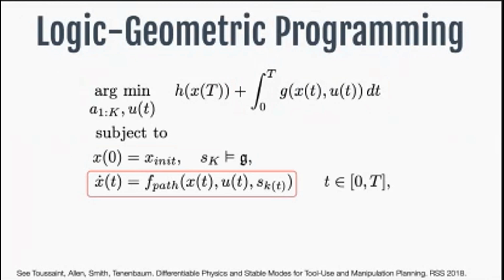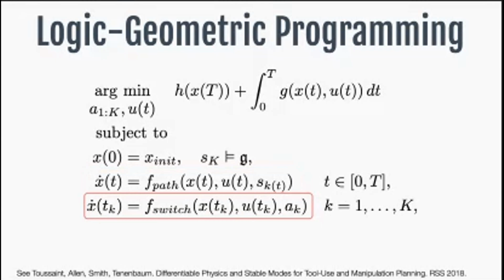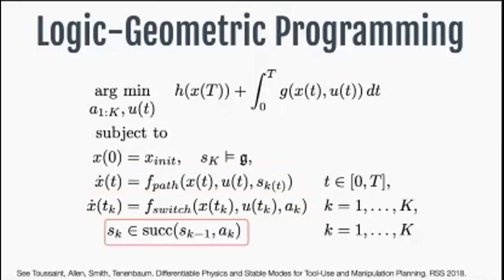For example, this F path is the continuous system dynamics, where the change depends on the discrete state S. Or here we have the term F switch, where the instantaneous system dynamics switch when the discrete action A_K changes. And then, of course, we have logic, like an action skeleton that comes from logic planning.